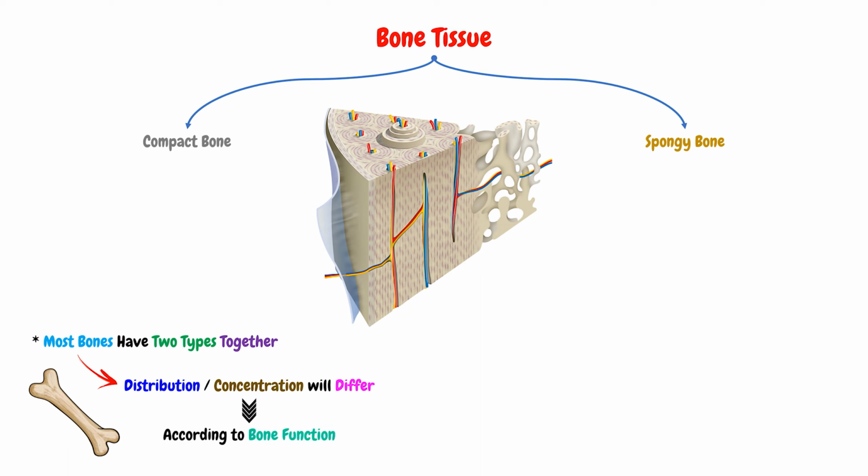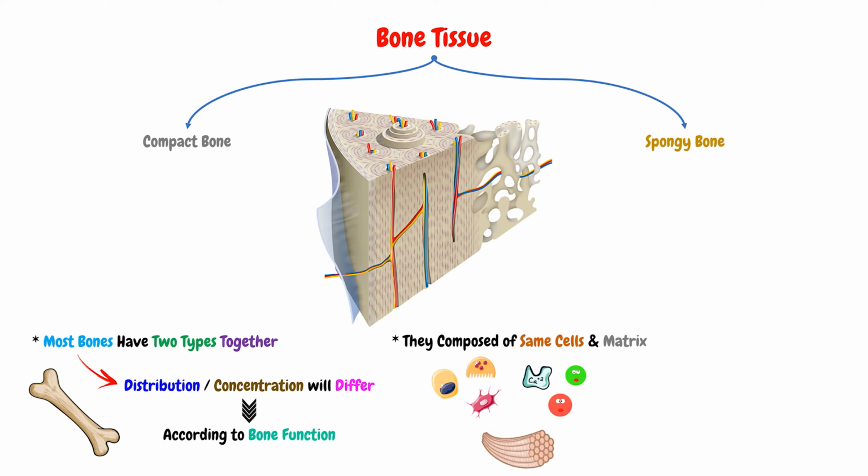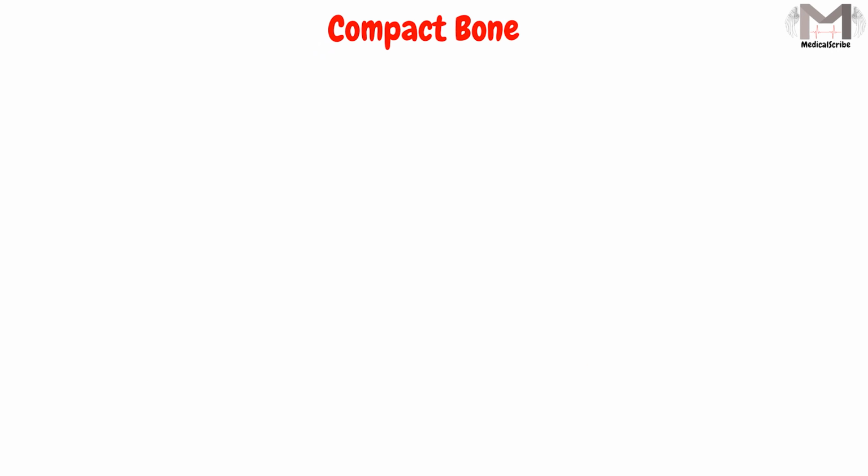Although the two types are composed of the same cells and the same matrix, they are different in their organization. This will lead to differences in their densities and how tightly their tissue is packed together. So in today's video, we will talk about the first type, which is the compact bone or the cortical bone.